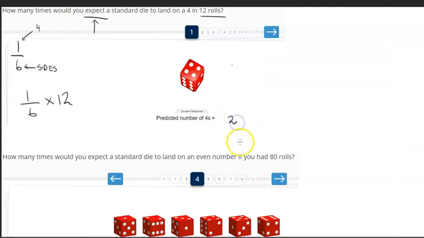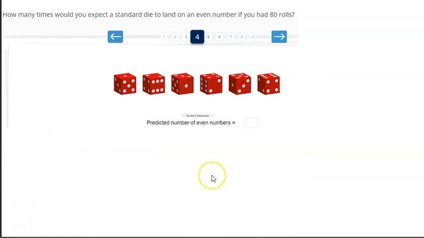So if we were to roll this die 12 times, I'm expecting at least 2 4s to pop up. It's because for every 6 rolls that we do, I'm expecting 1 of them. So if we did 12 rolls, we'll double that one, which is 2. That's where the logic comes into play.